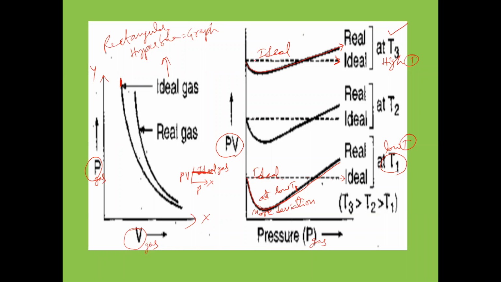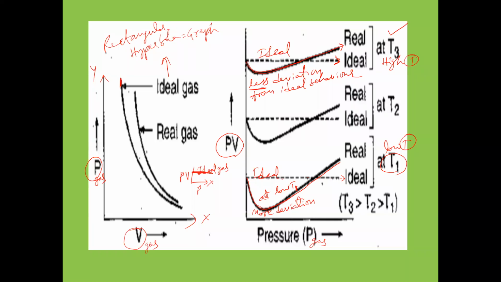From this ideal behavior, the deviation is very less at high temperature. That point we have to understand. Is the concept clear so far? So at higher temperatures, the deviation of real gas will be less.